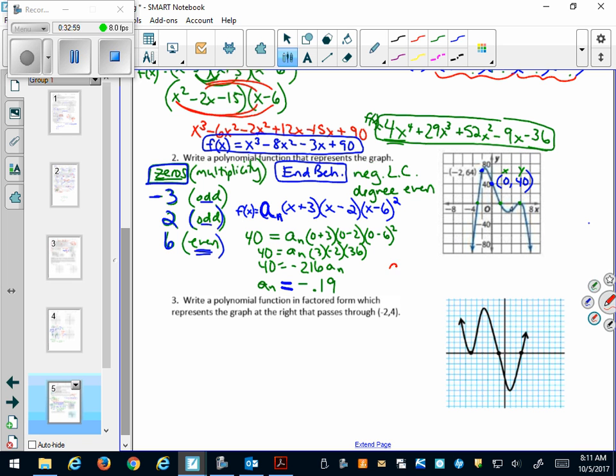F of x equals, our leading coefficient is negative 0.19. And then we just put in our factors. Now, technically, we should multiply that all out.